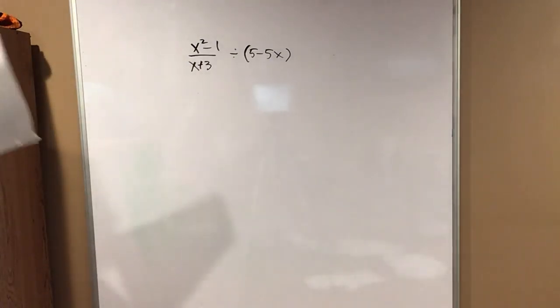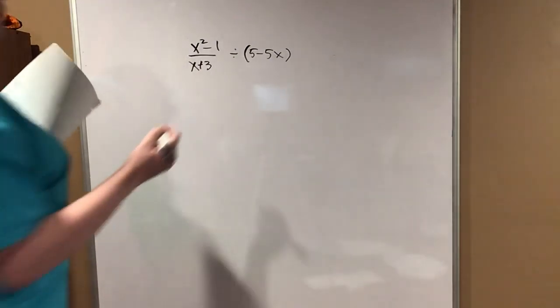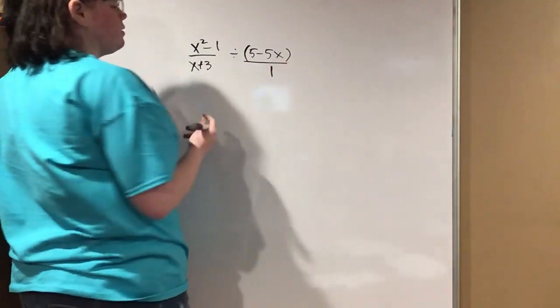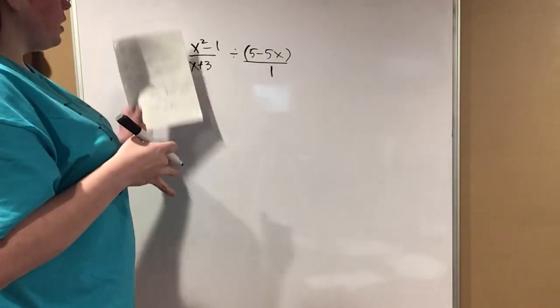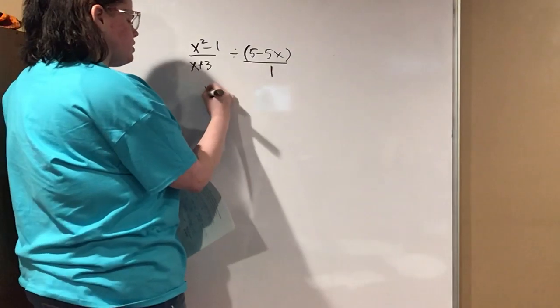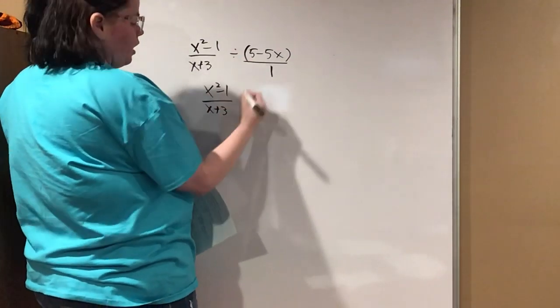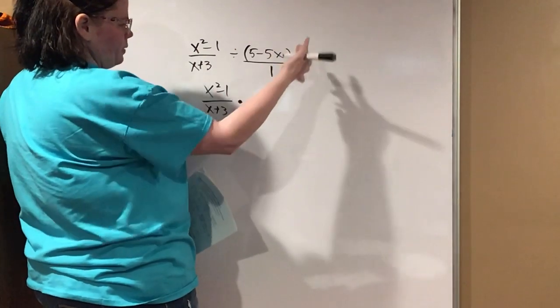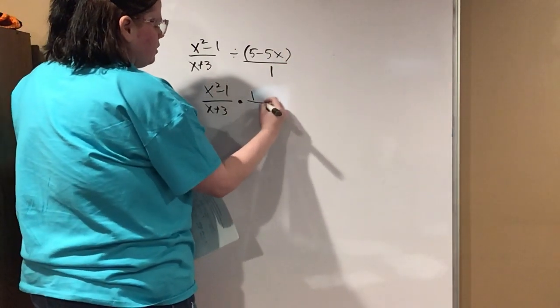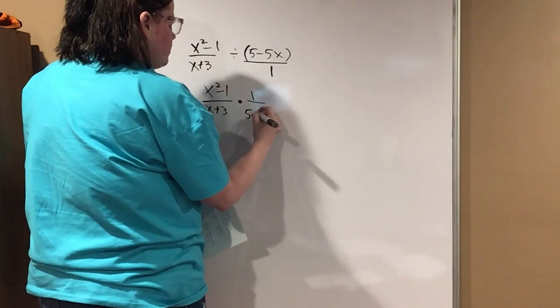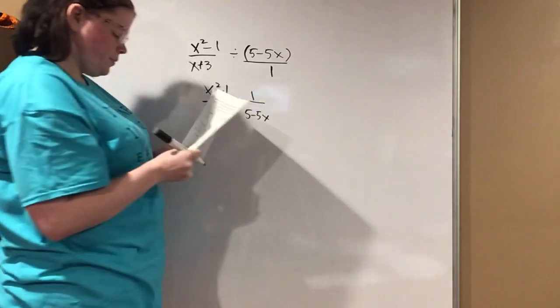But we can put anything we want over 1. So I'm going to put this over 1. And now, like I said, we copy this, so x squared minus 1 over x plus 3, dot, which is multiply, and then flip it. So 1 over 5 minus 5x.